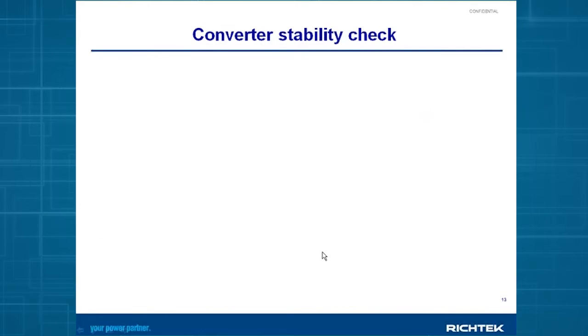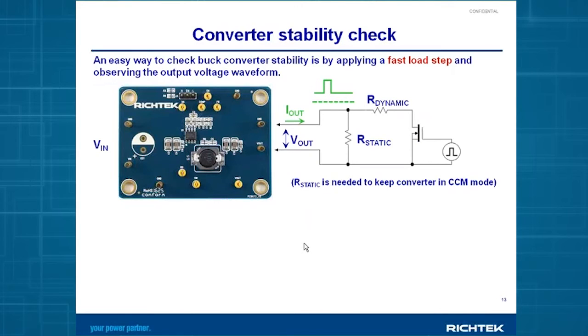Let's have a look at the stability of this converter. Normally, converters are tested on stability by using a gain phase analyzer, but this is expensive equipment and also quite complicated. The measurement is not so easy to do. Here is an alternative method to test converter stability. I apply a fast load step to the output, and the load step needs to be really fast.